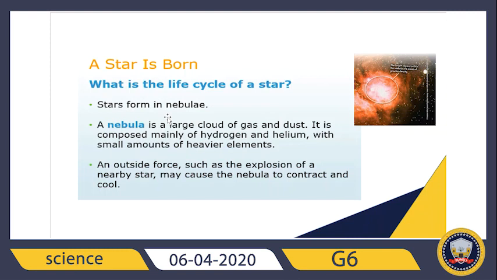Now you may know why stars contain helium and hydrogen: because the place in which they form contains a large amount of these gases, which is the nebula. Again, a nebula is a large cloud of gas and dust, composed mainly of hydrogen and helium gas. That's why stars contain mostly hydrogen and helium.